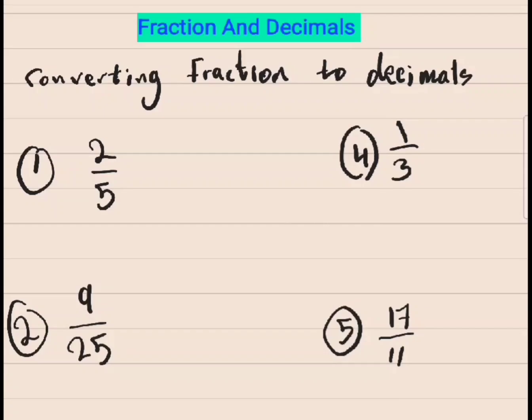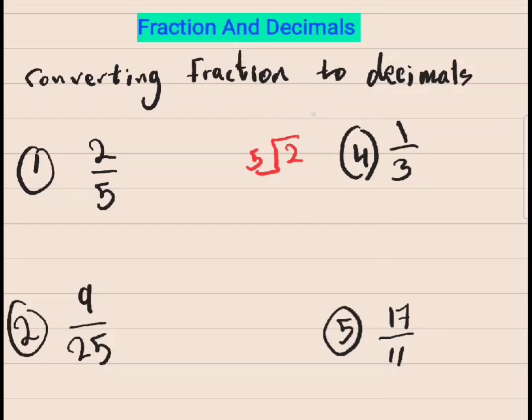So let's jump right into number 1, where we have 2/5. So here, again, divide the numerator by the denominator. So 2 divided by 5. And this fraction is less than a whole, so our decimal is going to be less than a whole as well, because this decimal is going to be equivalent to 2/5.